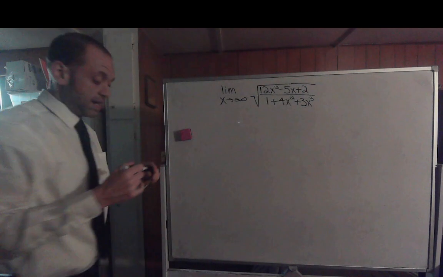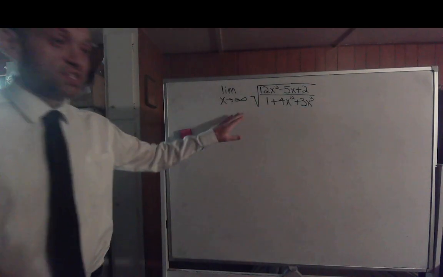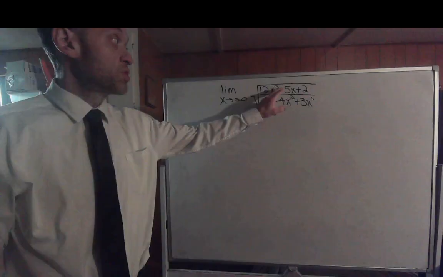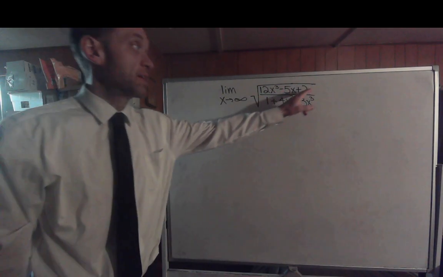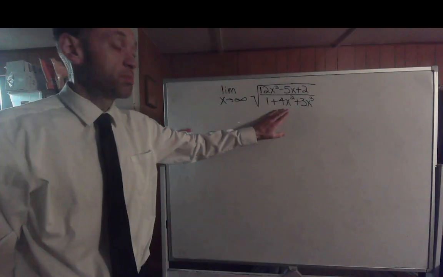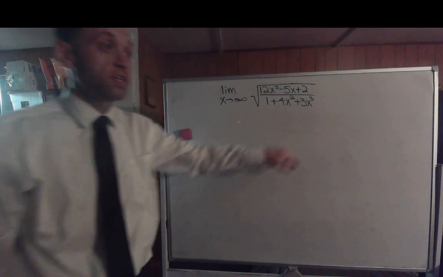So now we have the limit as x approaches infinity of the square root of 12x cubed minus 5x plus 2 divided by 1 plus 4x squared plus 3x cubed.